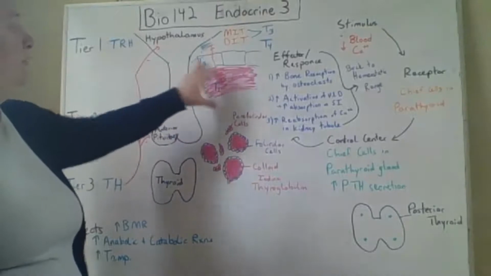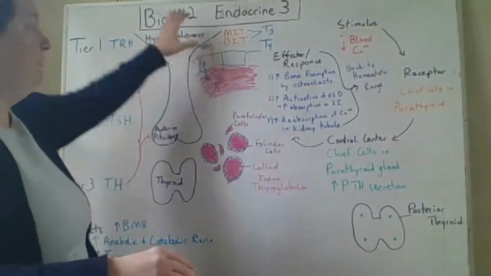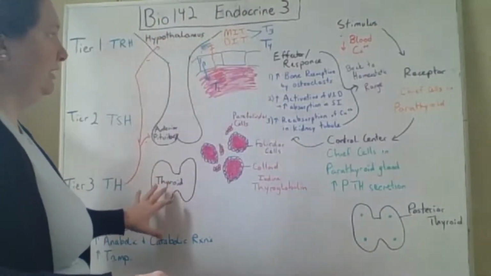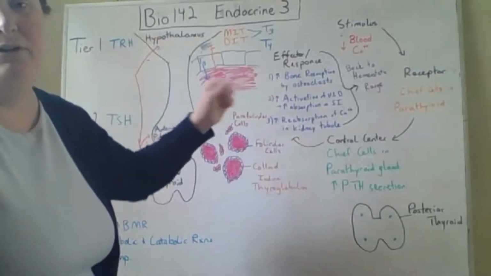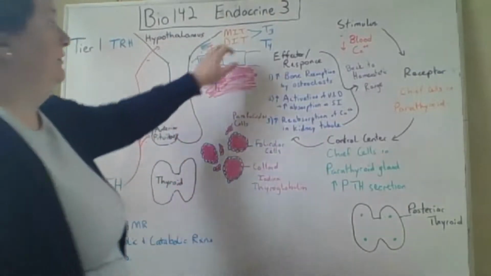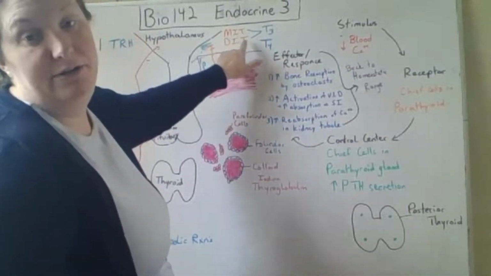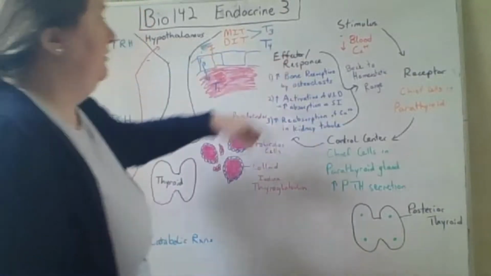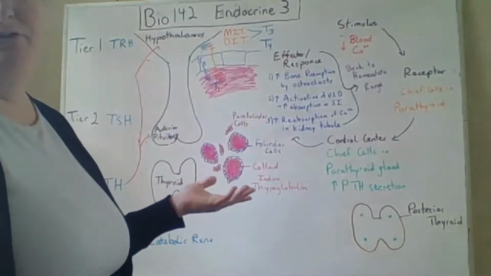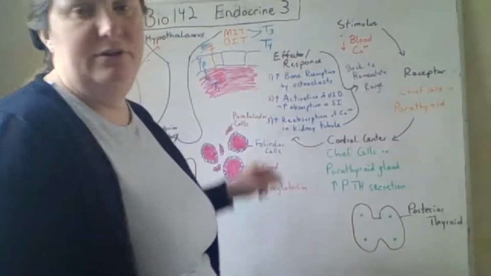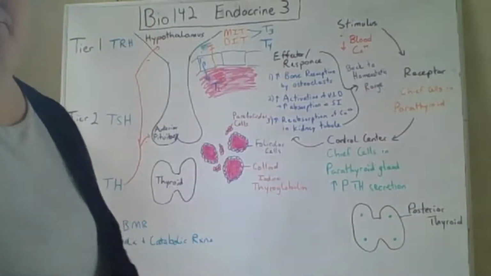And you're making more and more thyroglobulin, so the sequence is working, except you just don't have that last iodine to make the MIT, the DIT, monoiodotyrosine, diiodotyrosine, to make triiodothyronine and thyroxine. Does that make sense?